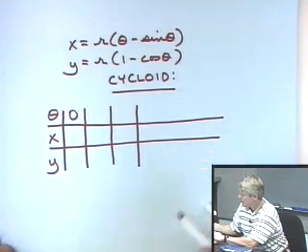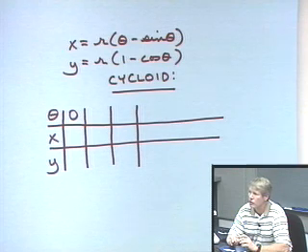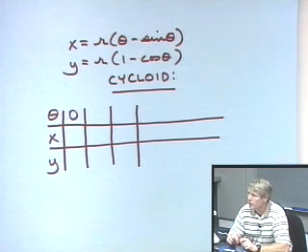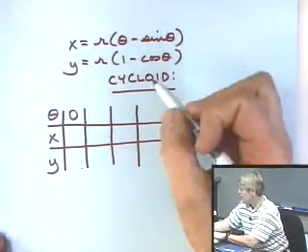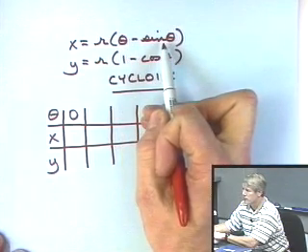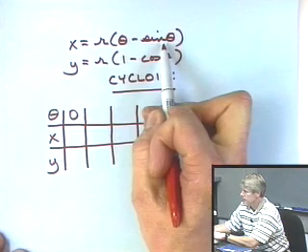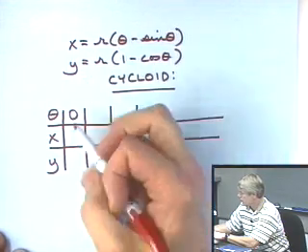Let's just have it in terms of r. Let's say that the radius of this circle is r. That way we'll make our set of points in terms of r. So this would be 0 minus the sine of 0. 0 minus the sine of 0 is 0, right? So 0 times r is 0.